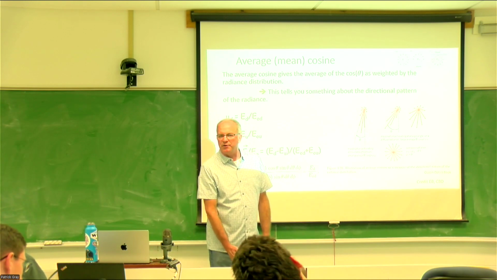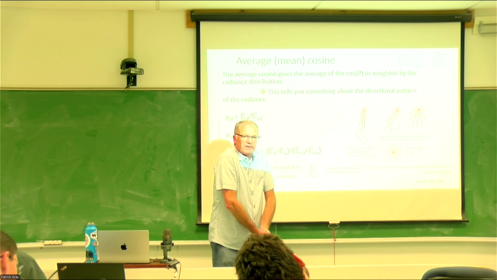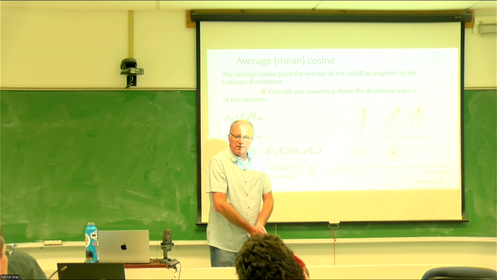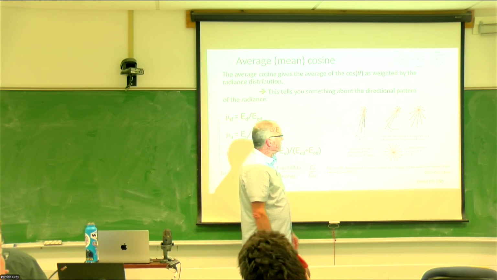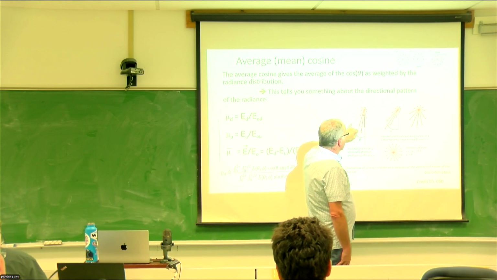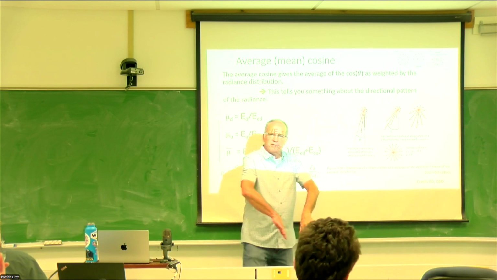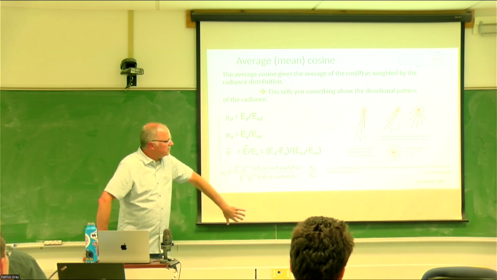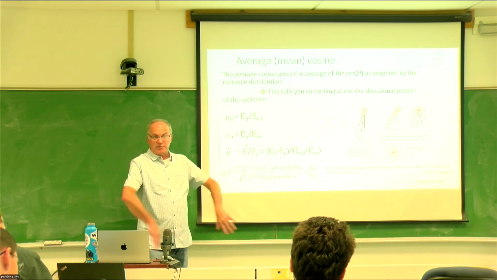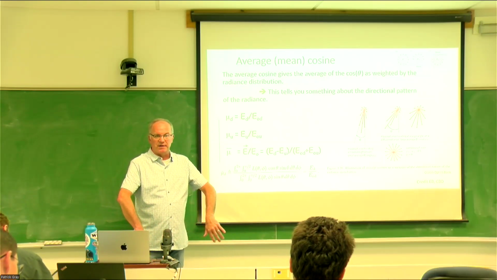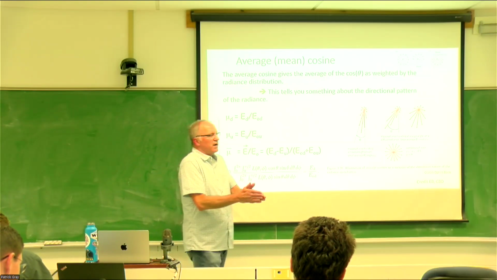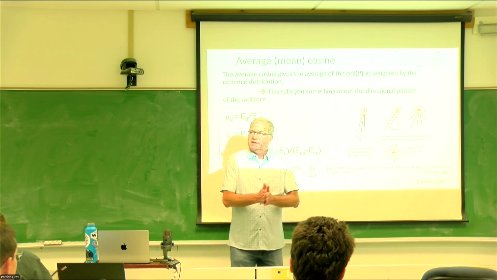So it's a high value when all the light is going in one direction straight down, perpendicular to the sea surface. But as you get more and more spread in that function, you're getting more and more different light field positions.